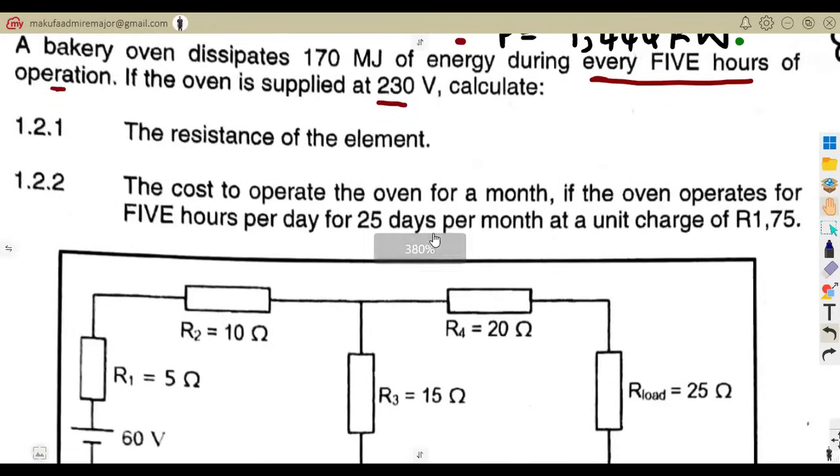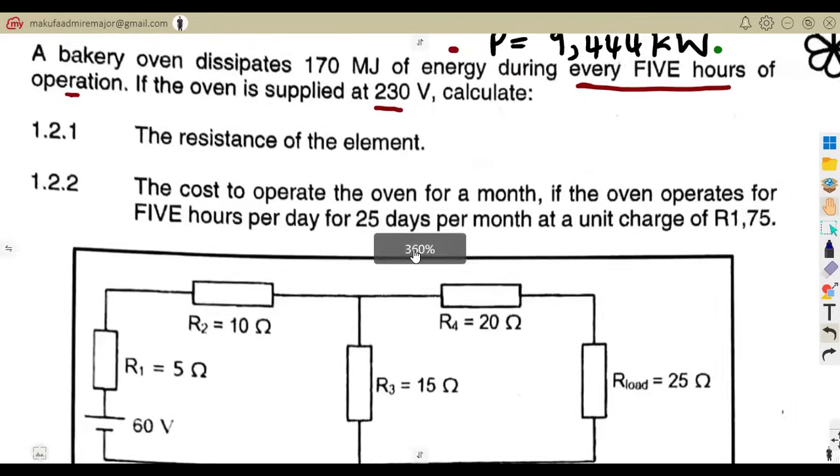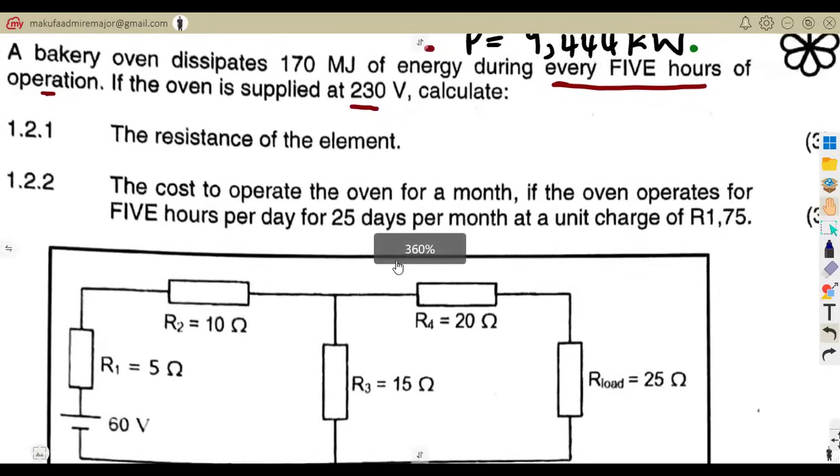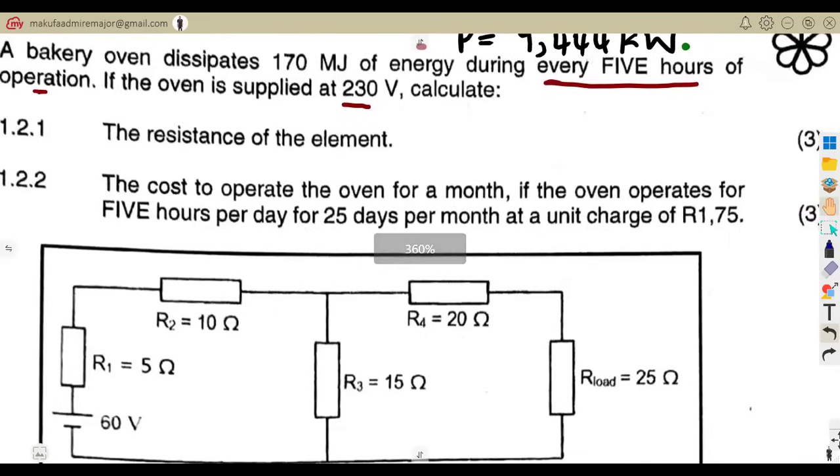1.22, they need you to determine or calculate the cost. This time it is the cost to operate the oven for a month. What is going to be the cost? Remember, whenever we talk of the cost, the first thing that we need to focus on is the kilowatt hour.